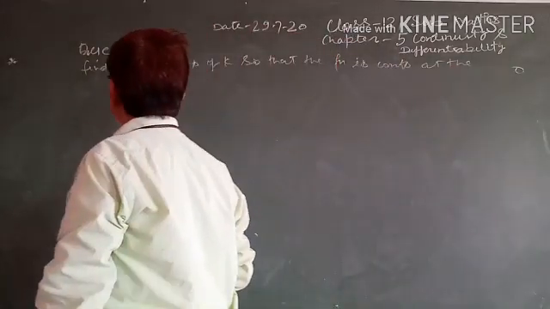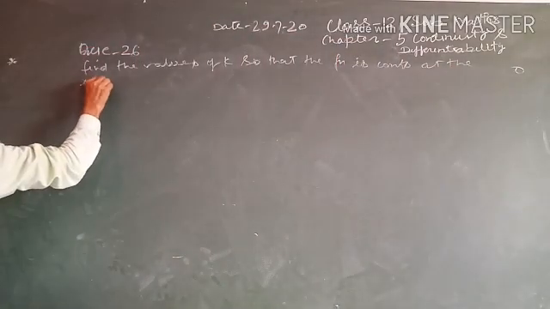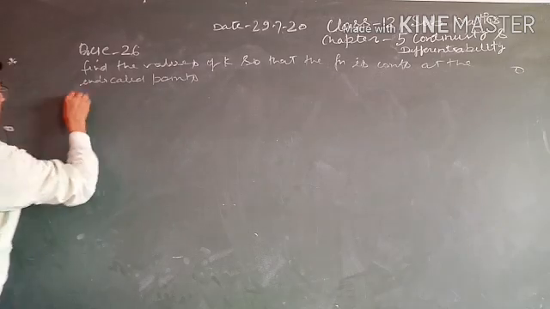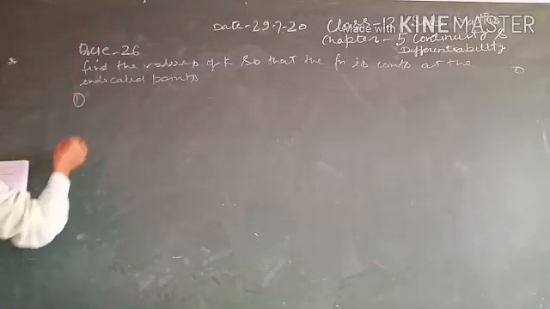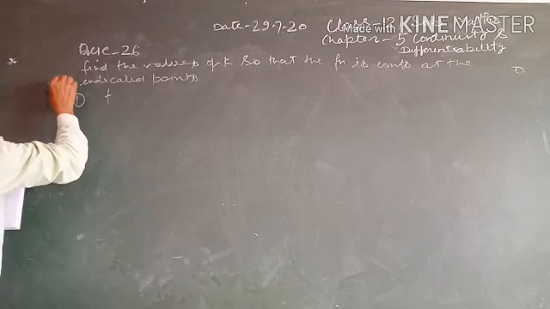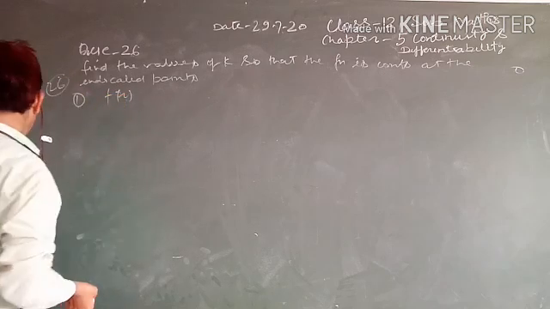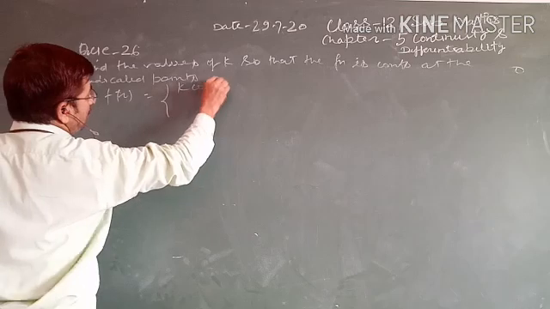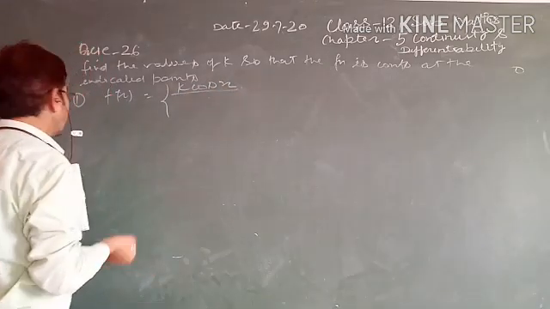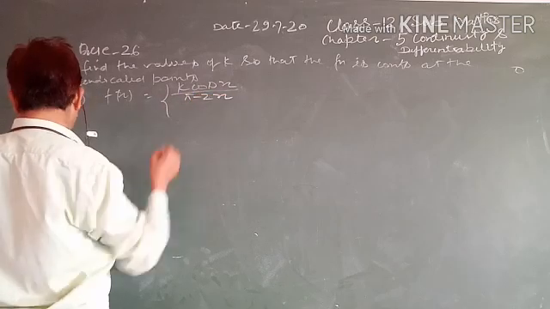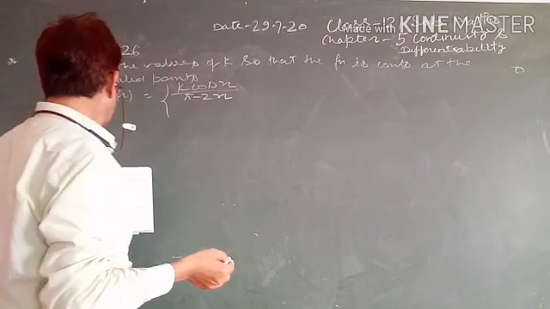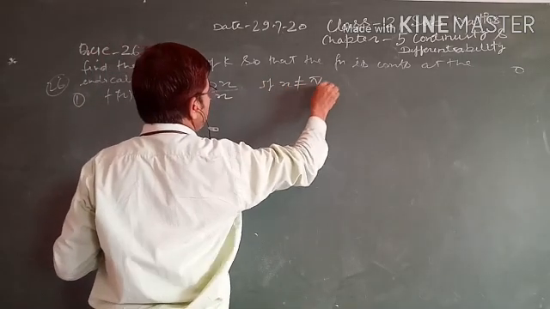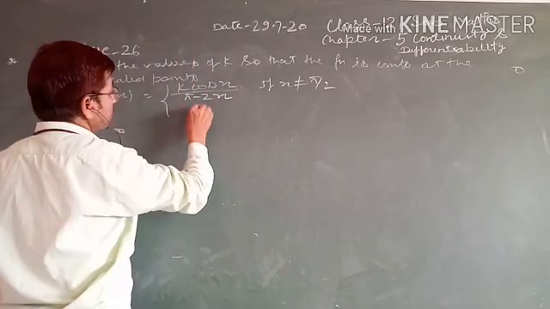The first question: f(x) equal to k cos x upon pi minus 2x if x is not equal to pi by 2, equal to 3 if x equal to pi by 2.